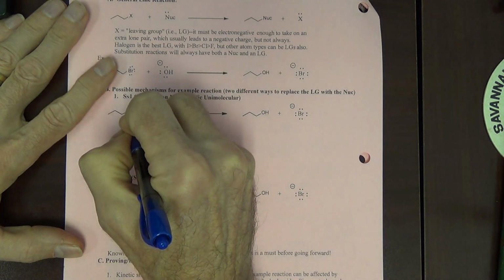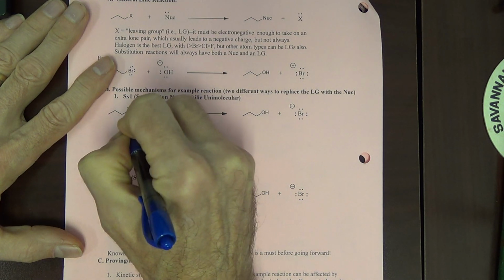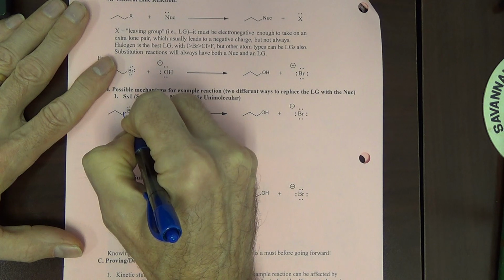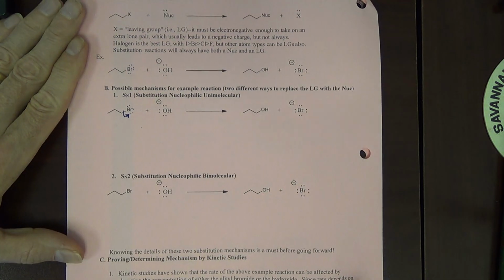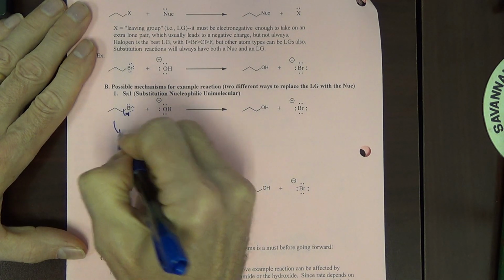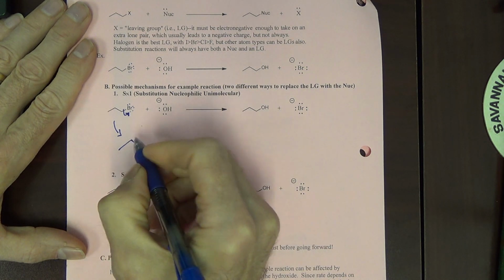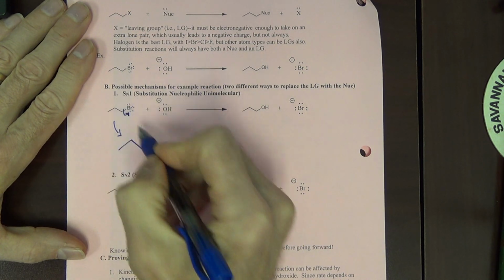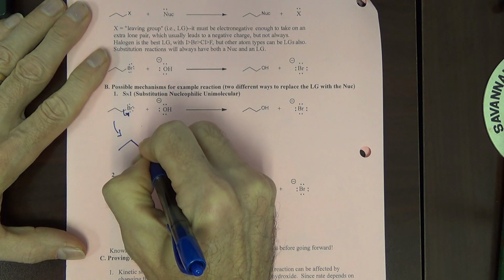Well, what if we just have this bromine just leave? These electrons move on to bromine and break away from that carbon. That would give a carbon with only 3 bonds. There's 2 undrawn H's there. That would actually be a carbocation.